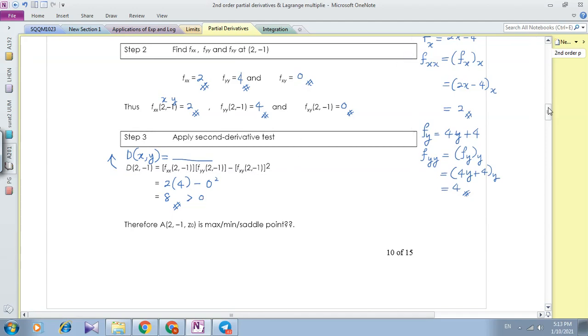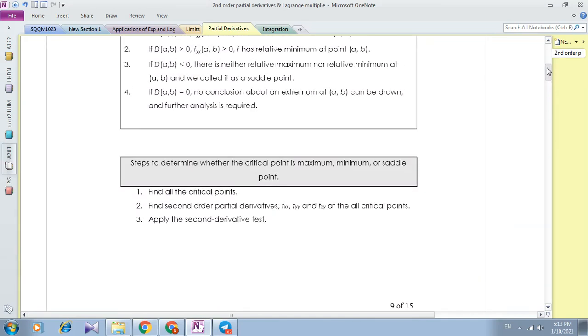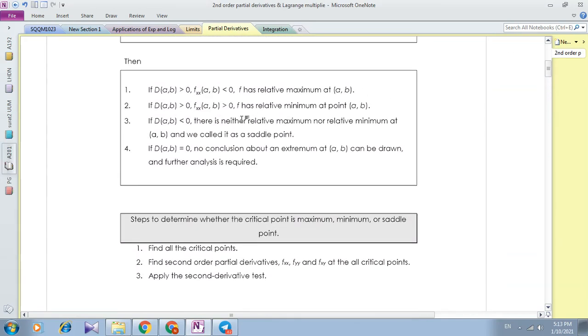Now let's go back to the notes. What happens when D is greater than 0? We have D equals 8. What about fxx?